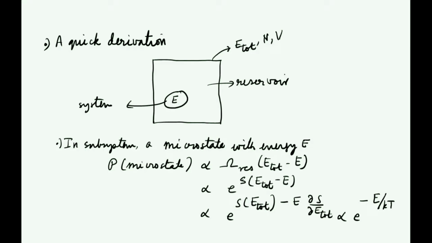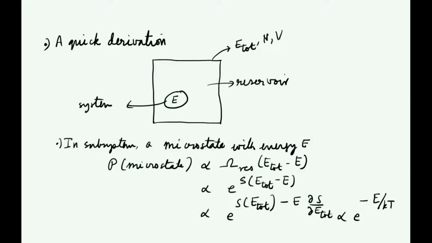Now, I want to know if I have a particular microstate with energy E, what is its probability? We know for a particular isolated system how to compute the probability. The probability of the microstate is proportional to the number of ways the remaining energy is distributed in the reservoir. So omega reservoir of E total minus E. Okay.